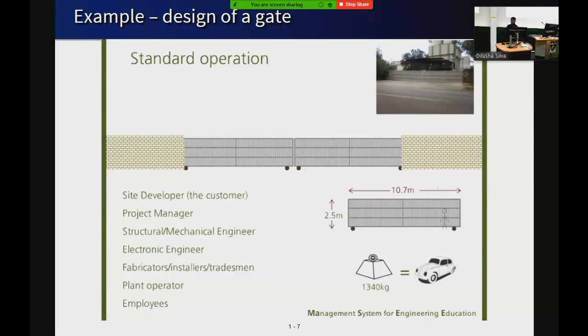No questions so far. This shows you who the various stakeholders are, what type of gate we're trying to build. This is a double gate, each with 10.7 meter width, 2.5 meter height. Each weighs 1.3 tons. Pretty heavy.